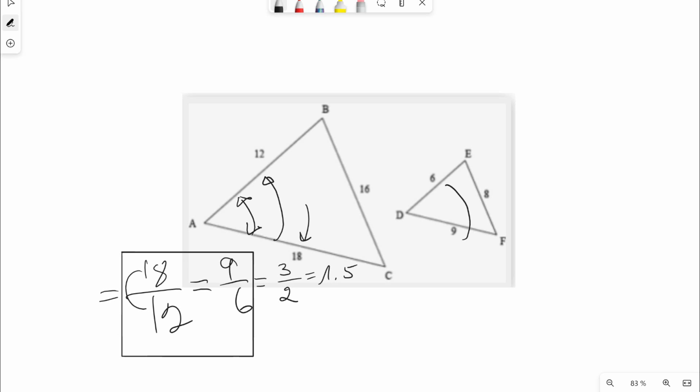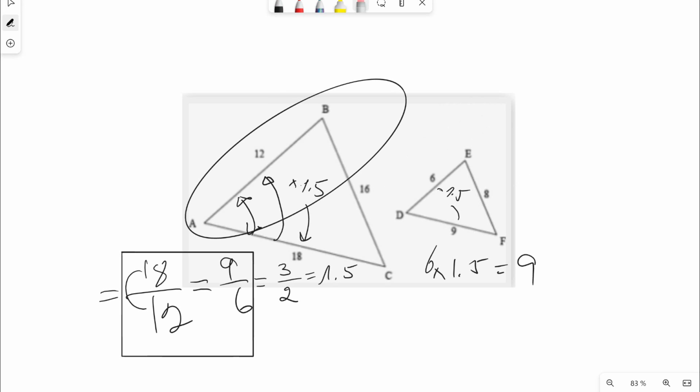This side is 1.5 times the other. So this side over here should be 1.5 times the other, which is true. Remember, if they are similar, they keep the proportions. You can check the proportionality, or you can use the proportionality between sides, either between sides of the same triangle or between sides of different triangles. Those are different results, both very useful.